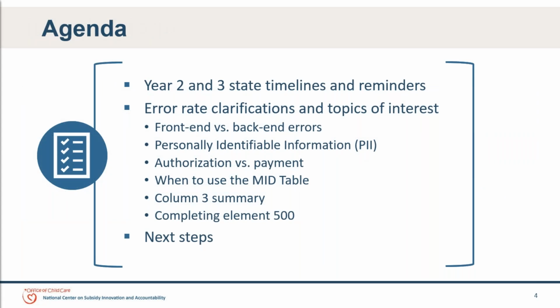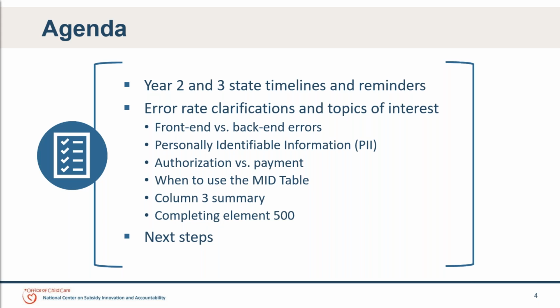All right, so here is the agenda for this afternoon. We're going to be walking through the error rate submission timelines and include some reminders for all of you. Then we'll share some clarifications and examples related to the list of topics that you see here, but we'll dig into front end and back end errors, kind of provide some examples of both of those.